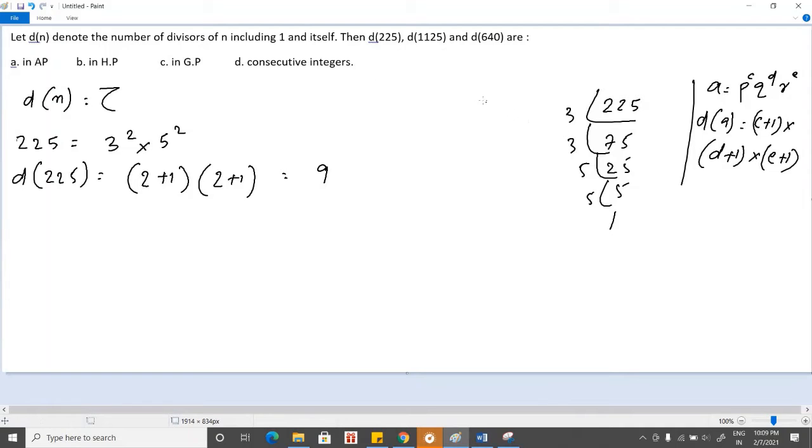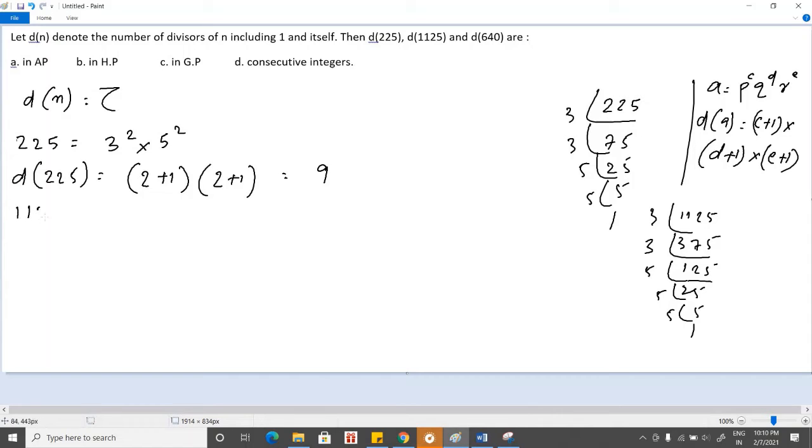Similarly, we can calculate for 1125. Let's start with the prime factorization. 3 3s are 9, 3 7s are 21, 3 5s are 15. This is 125, and 5 25s are 125, 5 5s are 25, and then 5 1s are 5.